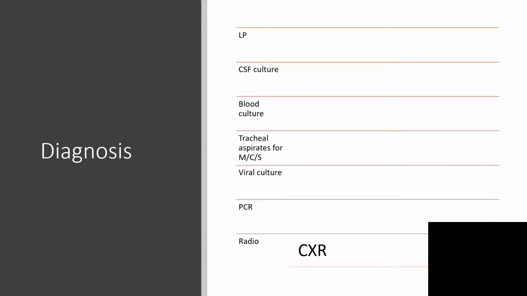Aspirate whatever is along the trachea and do microscopic culture and sensitivity tests. We can have viral culture with polymerase chain reaction tests. So chest X-ray should not be forgotten because it's very essential.